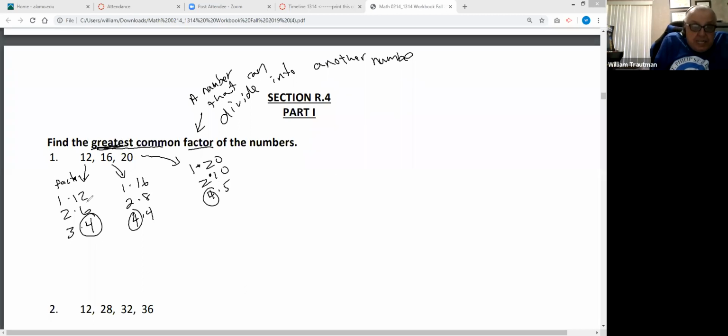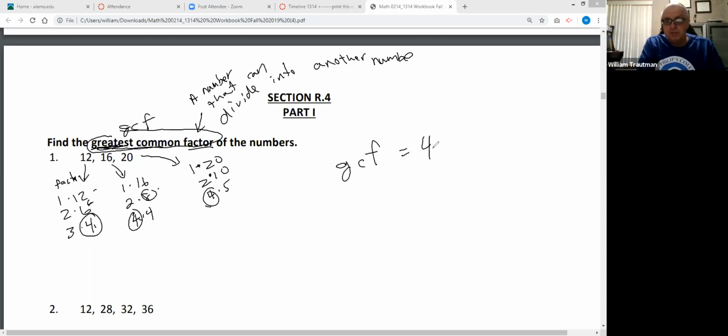You can try 6, but there's no 6 over here. You can try 8, there's no 8 over here. 4 is the largest number in all three. So the greatest common factor, oftentimes the GCF, the largest number that divides into each one of these, is 4.